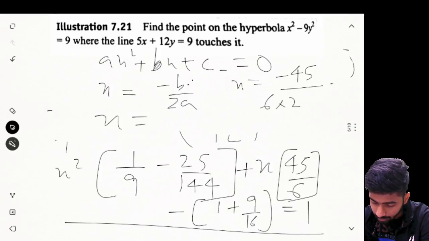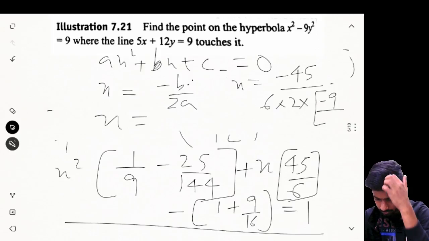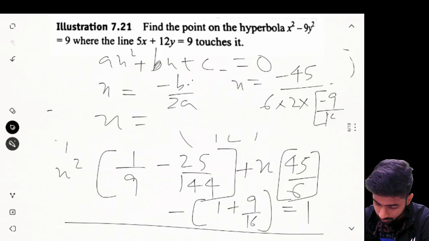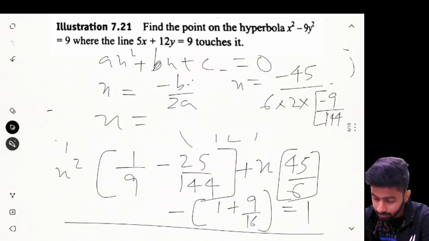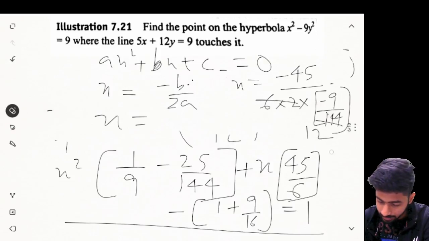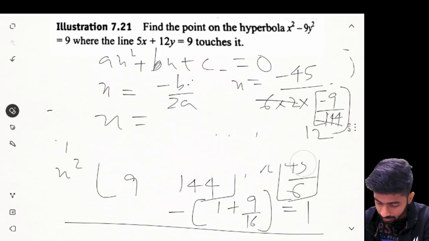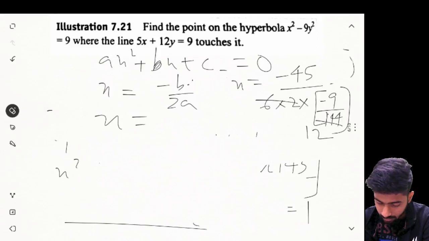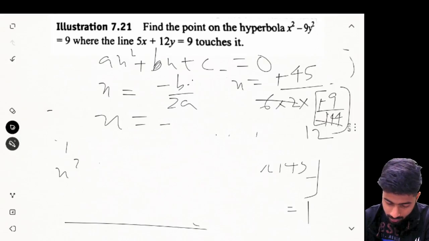So what is a here? A is again 16 minus 25, which is minus 9, divided by 144. So this 12 cancels this to be 12. So you have this minus cancels this to become plus.